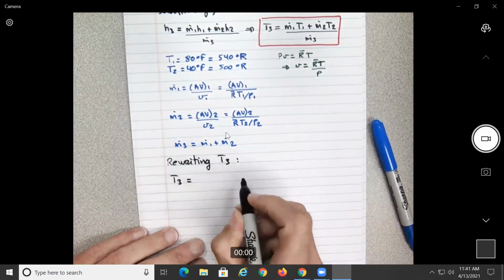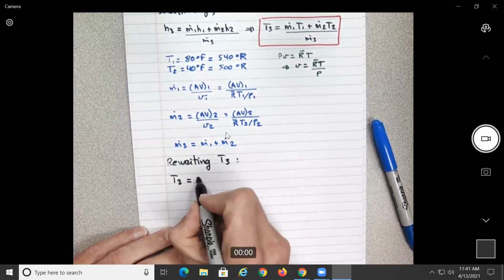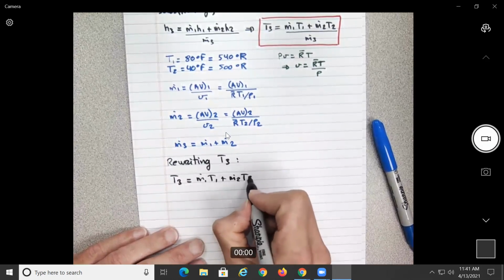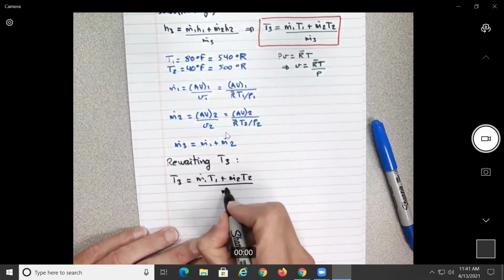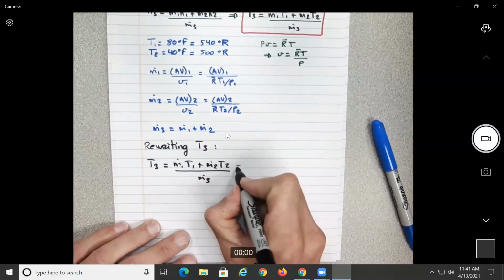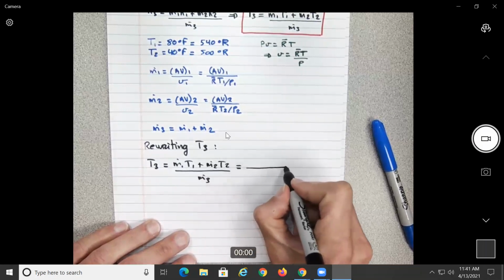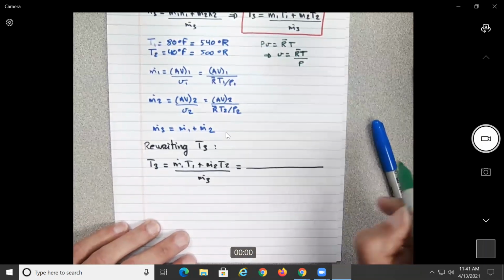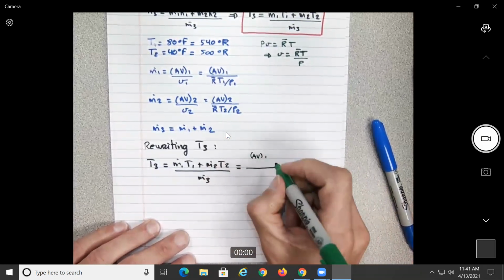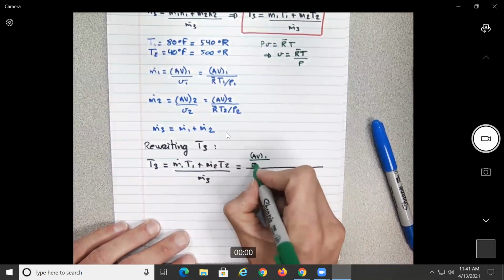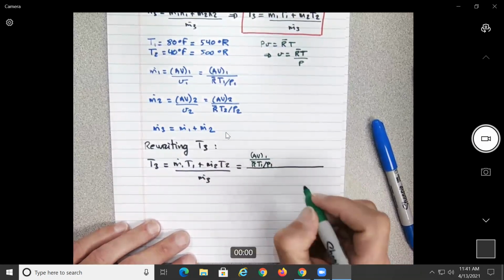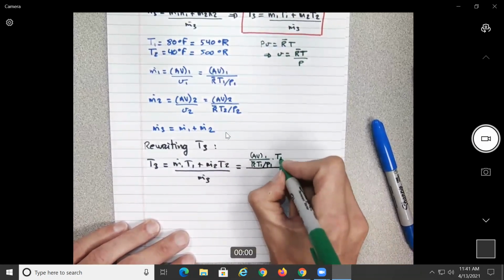T3 will be equal to M1 T1 plus M2 T2 divided by M3. M1 will be equal to A V1 divided by R bar T1 divided by P1, times T1.